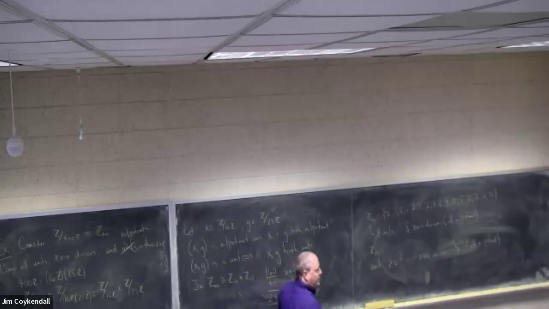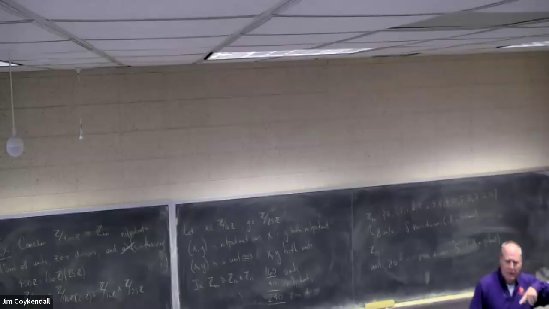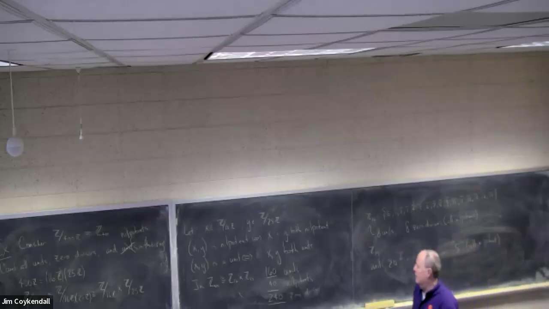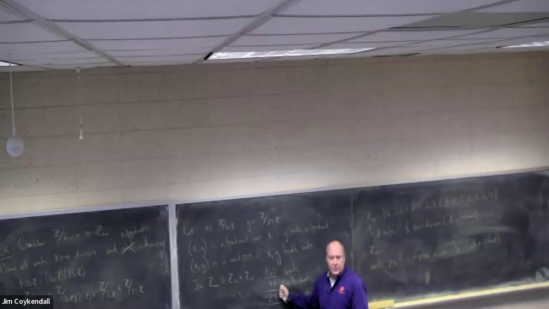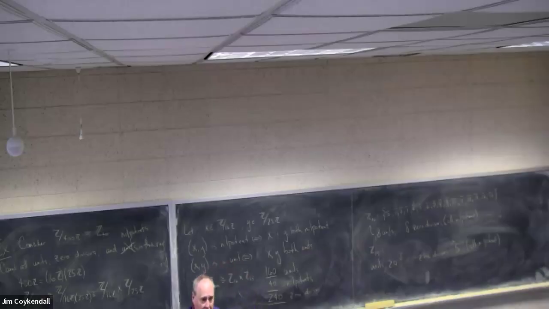There are 240 zero divisors. That's right. Everything's either a unit or a zero divisor. So you know you got 160, that leaves 240. And what he did when he first said 200 is he subtracted off the nilpotents. So his 200 are all the zero divisors that are not nilpotent. Everybody okay with that?